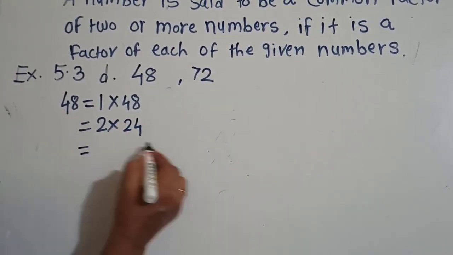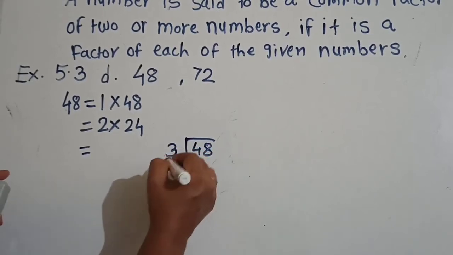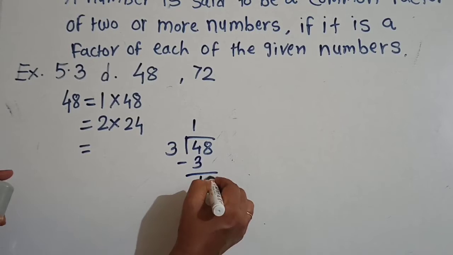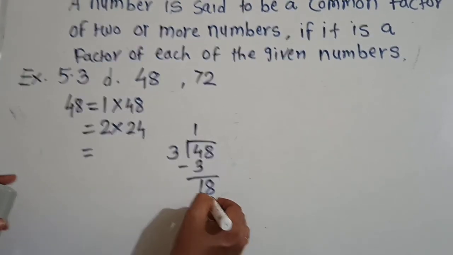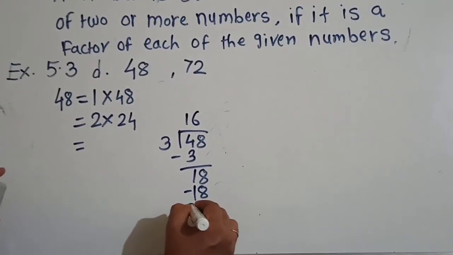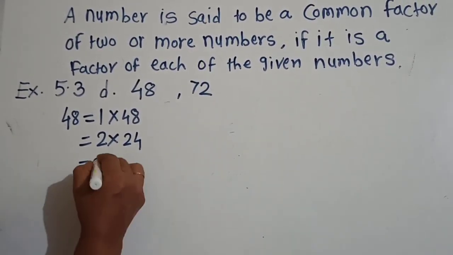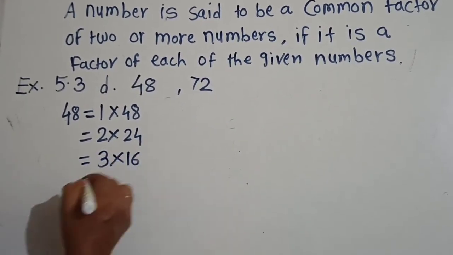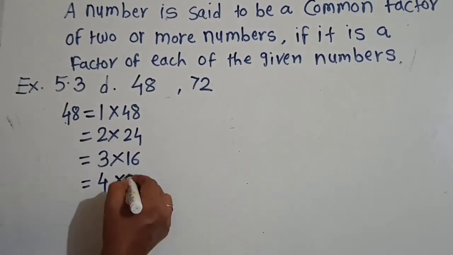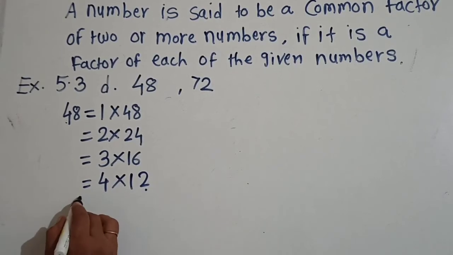Then 3, is 3 a factor or not? See here, 3 1s are 3, 4 minus 3, 1 and 8, 3 5s are 15, 3 6s are 18. Yes, so 3 is a factor of 48. 3 multiplied by 16. Okay. 4, yes, of course. 4 1s are 4 and 4 2s are 8. Means 4 12s are 48.